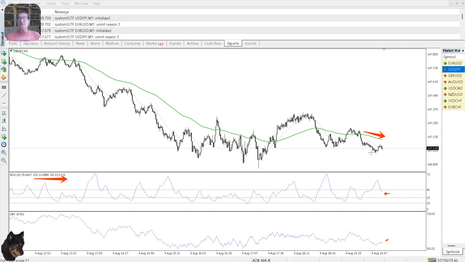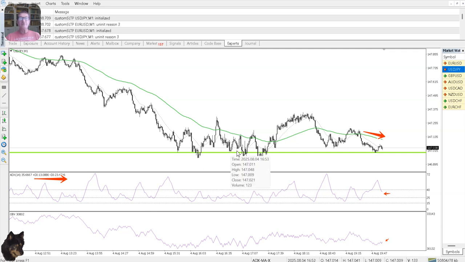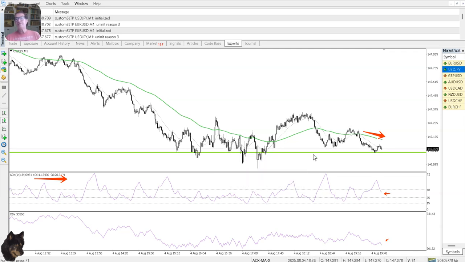So now we look at price. At this point in time, price is most definitely down, but I'm sitting right here at a support level, and it seems to be a pretty strong support level. Look how many hits we got. One here, one here, one here, one here, one here, one here, one here, and another one here.